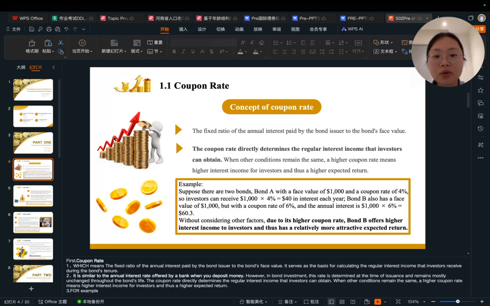The coupon rate directly determines the regular interest income that investors can obtain. And here is the example. Due to its higher coupon rate, Bond B offers higher interest income to investors and thus has a relatively more attractive expected return.